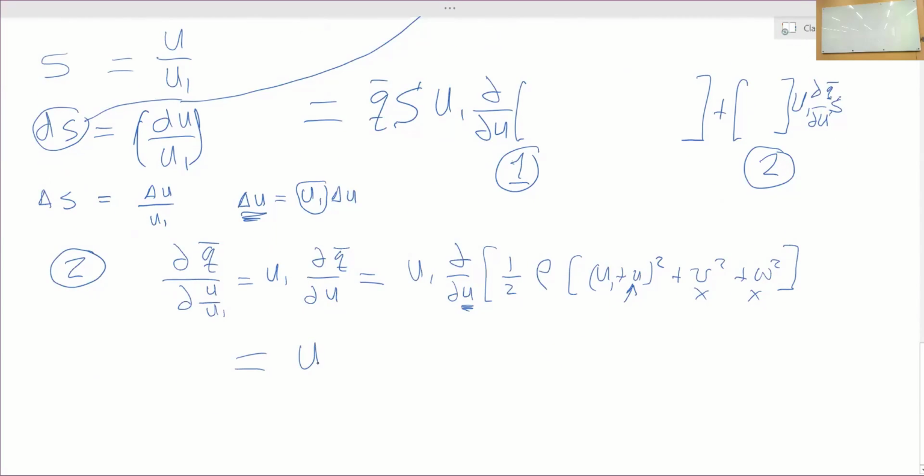So the derivative is going to be u1 times ½ rho times 2. The 2 comes from this part here. u1 plus little u, and then the derivative with respect to what's inside. So that's our derivative of q with respect to u1.